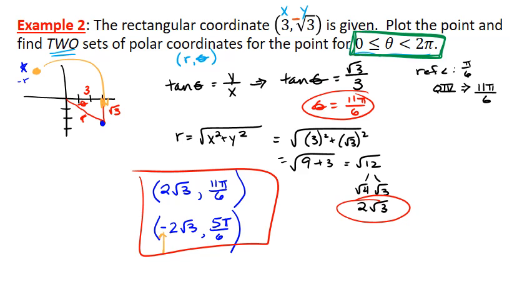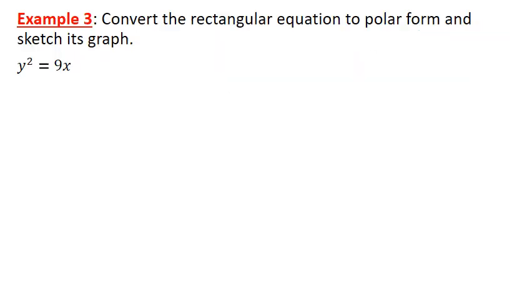So those are the two answers. Now suppose we have something like this, where it says convert the rectangular equation to polar form and sketch its graph. Well, in the previous example, we were given points, and now an equation is given here, so we kind of need a different approach.